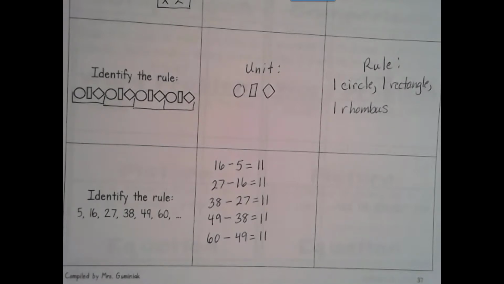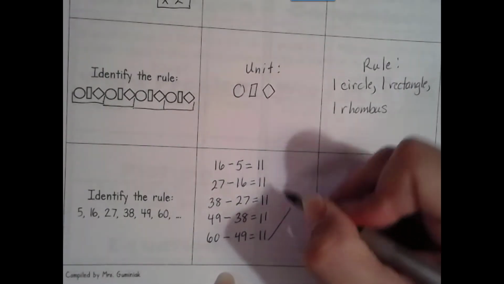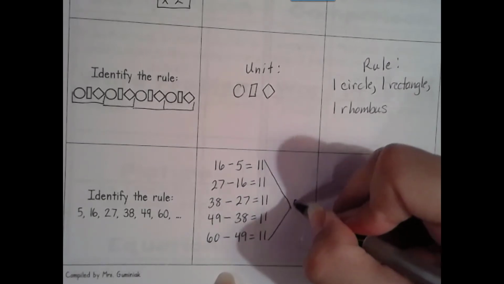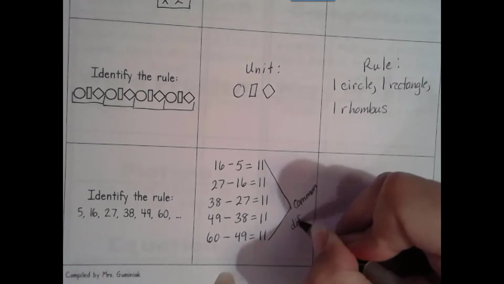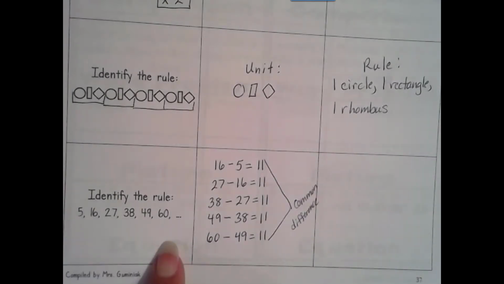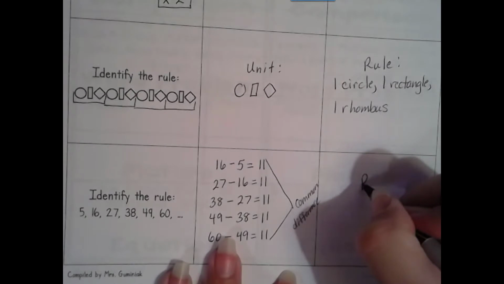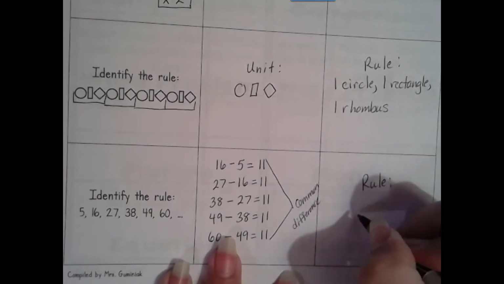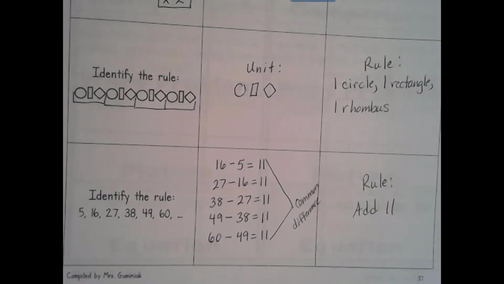So it looks like my rule is that I added 11 each time. I know it's increasing. My common difference is 11. So since it's increasing, I know it's going to be add. So my rule is add 11.